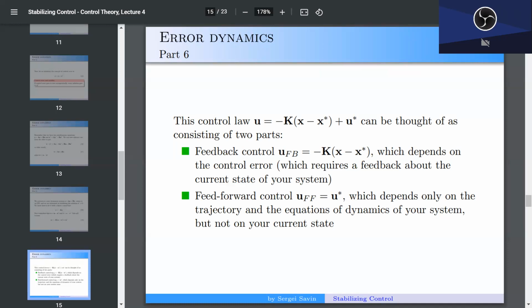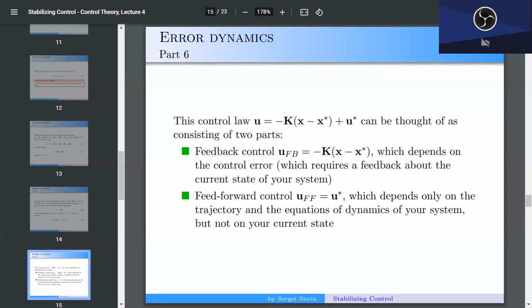So in fact, this is arbitrary. I just decided to put those brackets in. I didn't have to, but it makes a lot of sense because what you care about is the error, not necessarily x. And error requires x.